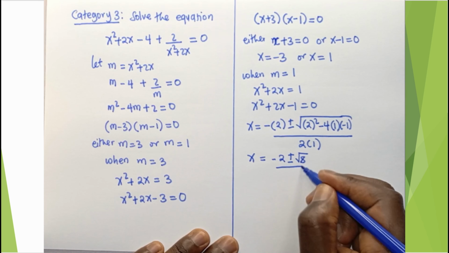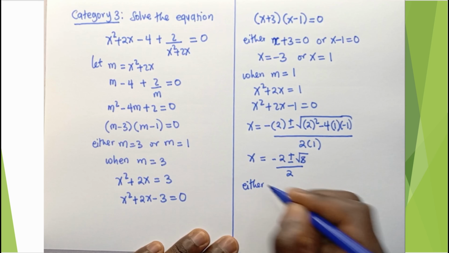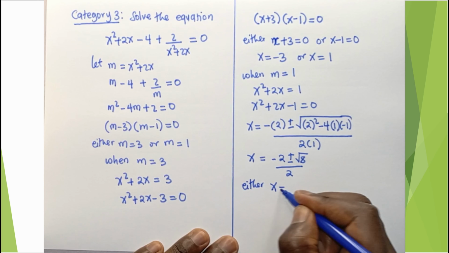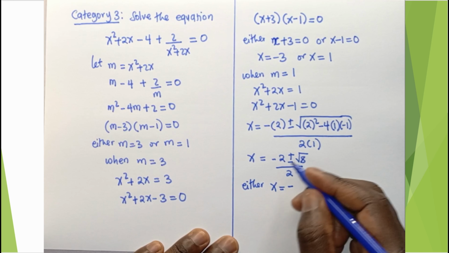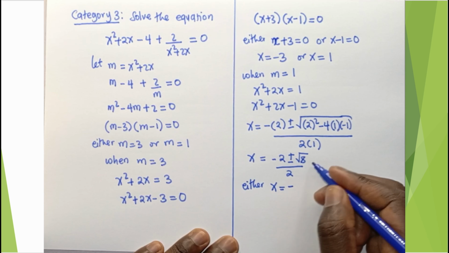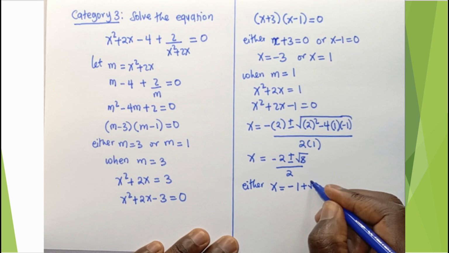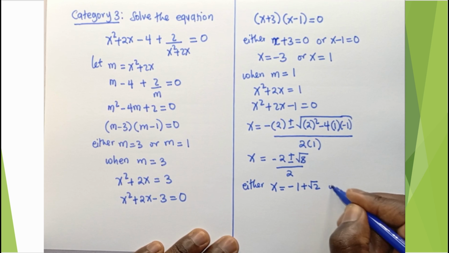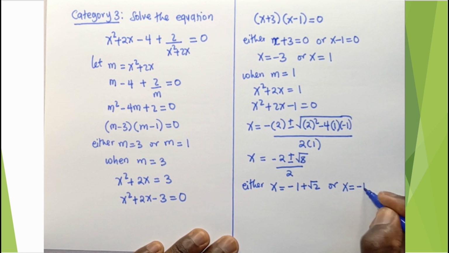So x is equal to, by simplification, negative 2 plus or minus the square root of 8, over 2. Now when you simplify that, when you divide throughout, you have negative 1 plus root 2, because root 8 is 2 root 2, or x is equal to negative 1 minus root 2.